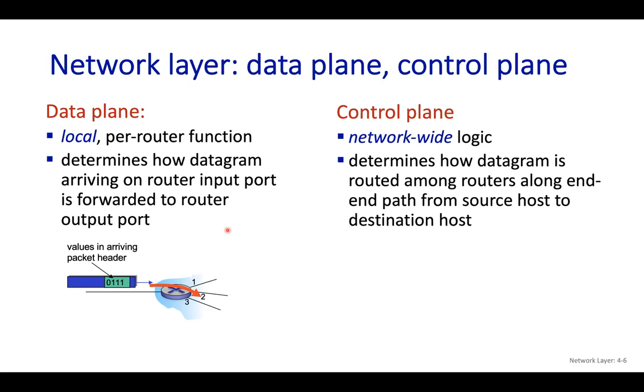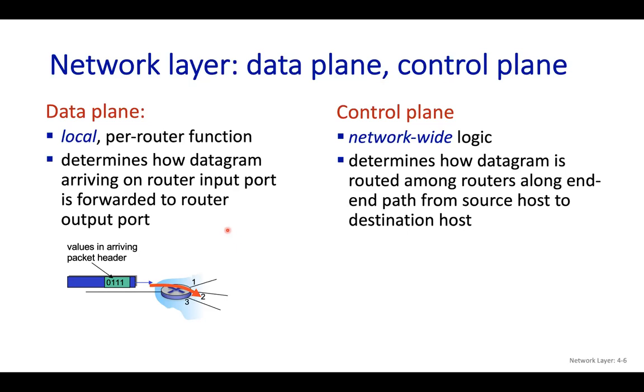The control plane is network-wide logic. As I mentioned, it corresponds to the routing algorithm. It's a network-wide logic, a global view. You need to determine how a datagram is routed among routers along end-to-end paths from the source host to the destination host.